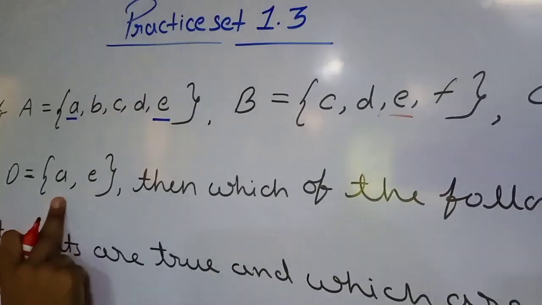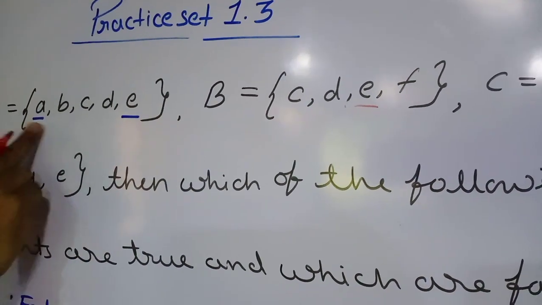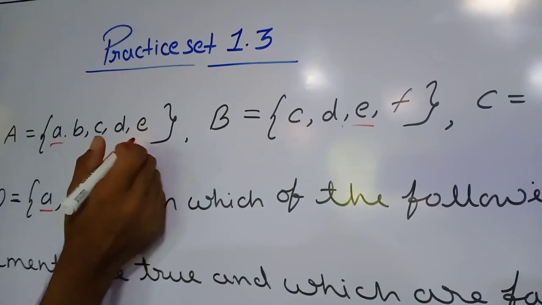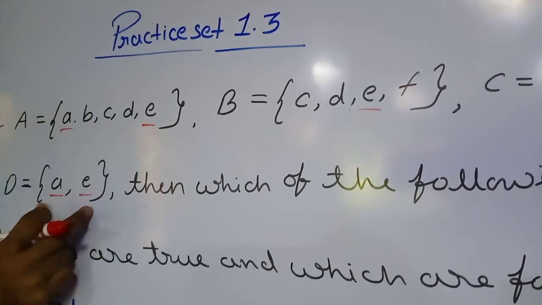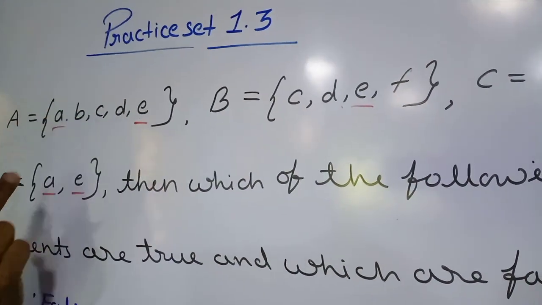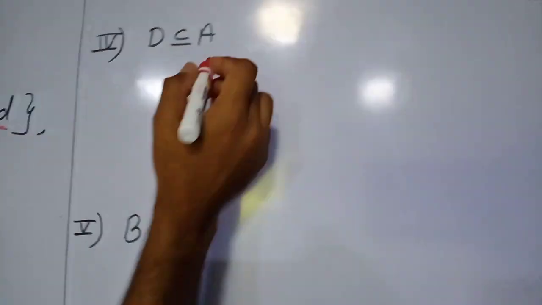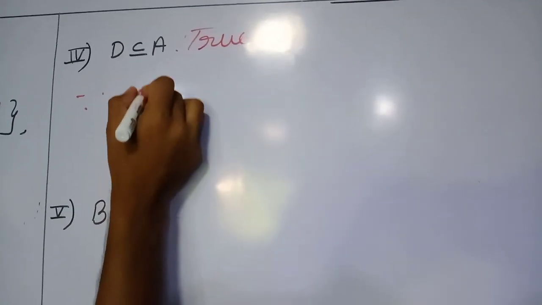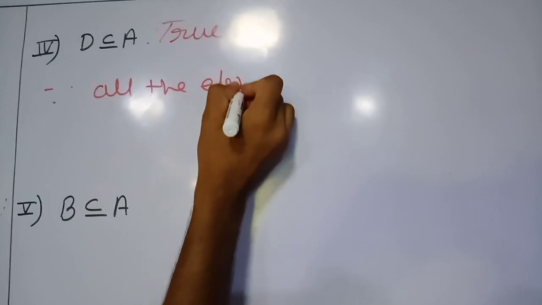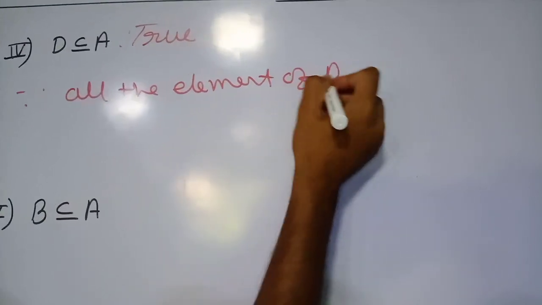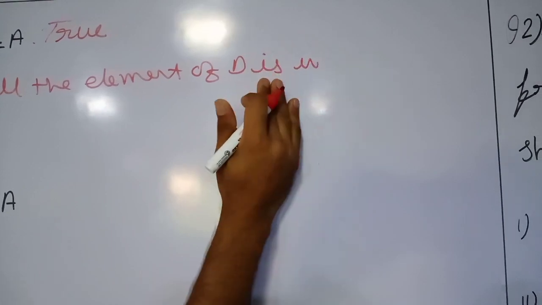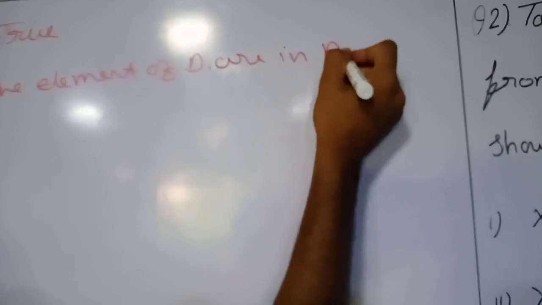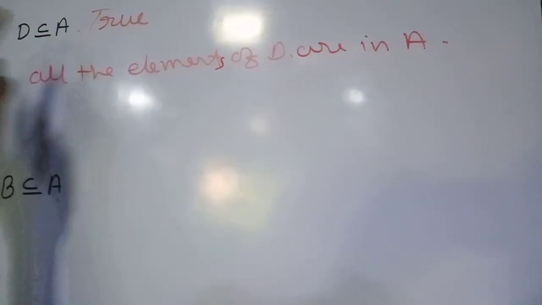In the D we have A and E, and in the A, yes, we have the A. Here we have E, here also we have E. Means both the elements of D are present in the A, means it is a subset, so it will be true, because all the elements of D are in A. So this is true.